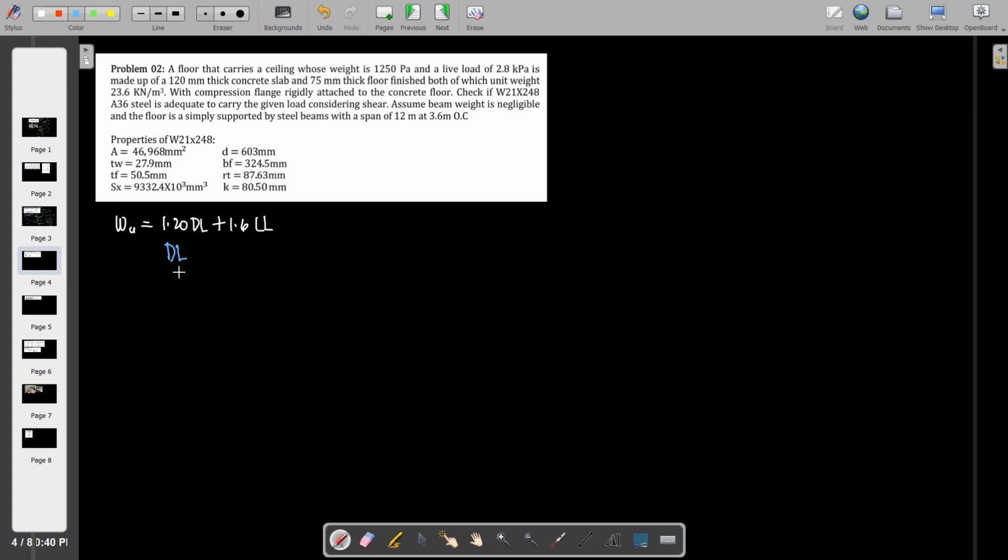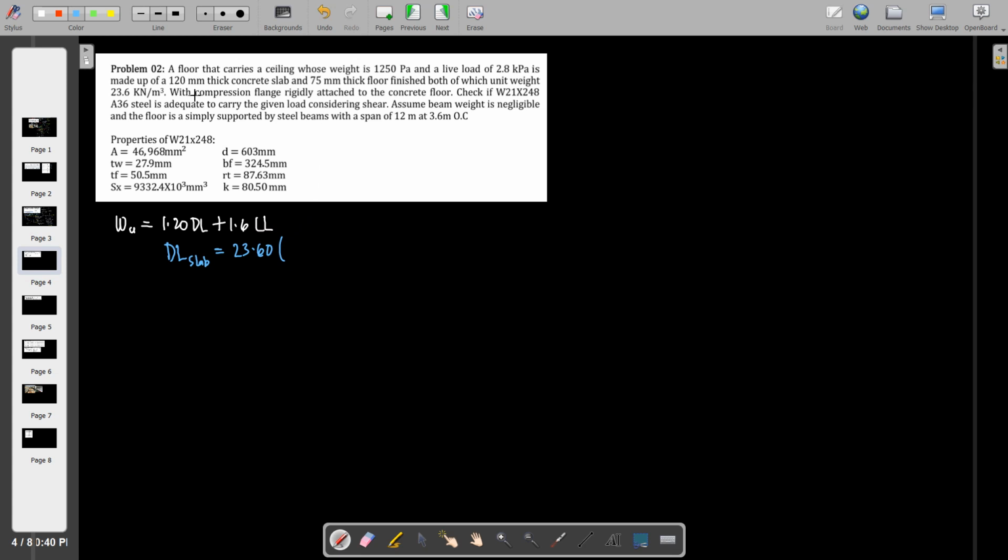So first, we have the slab that is equal to the unit weight, 23.6, multiplied by the thickness.